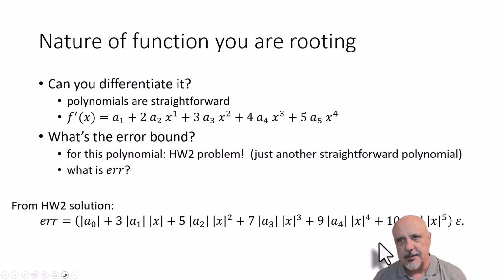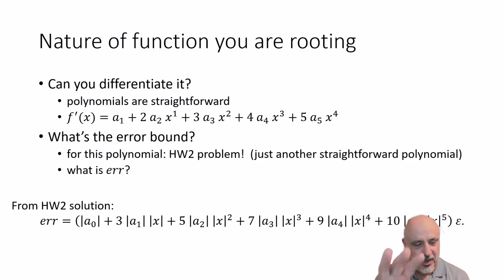It's got all of the coefficients absoluted, the x's absoluted, and then the x's to the various powers all the way up to 5. And then you can go through the homework solution to see why there's a 10 that's scaling the A5 term. For the quintic, doing Horner's method, there are 5 multiplies and 5 additions.